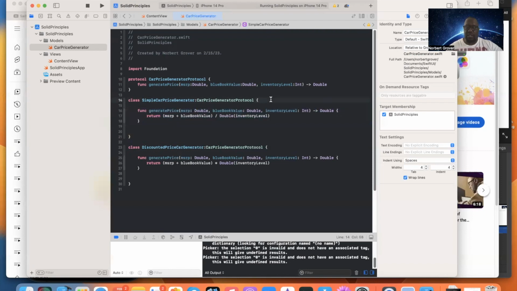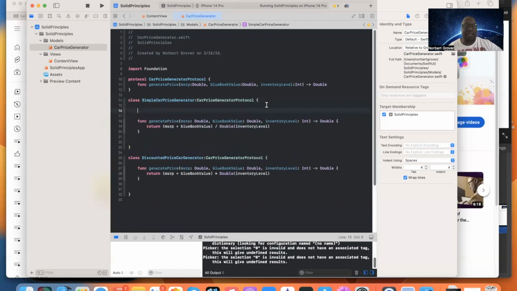Another thing is that we're adhering to the other principle, not open close, but the single responsibility principle.